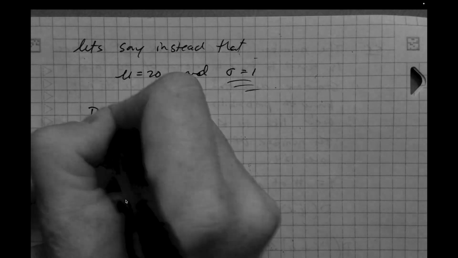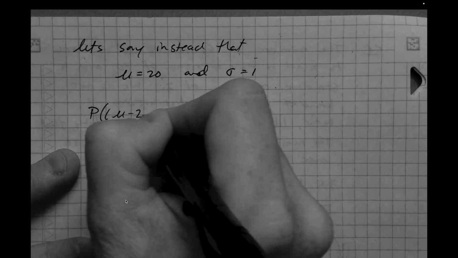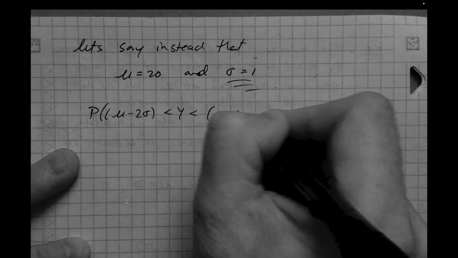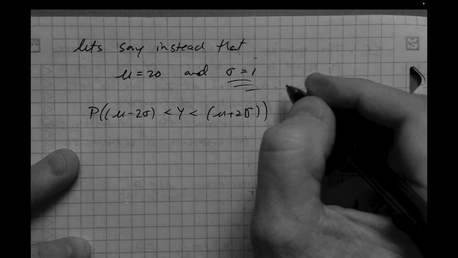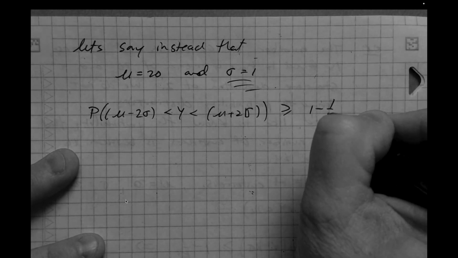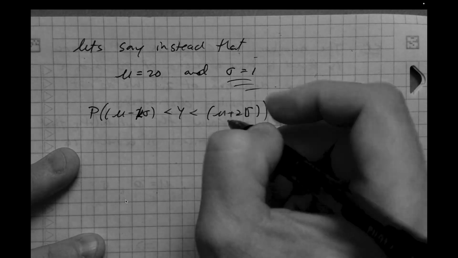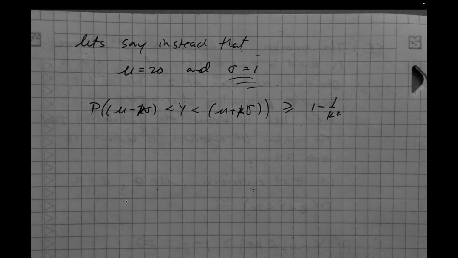The same calculation: the probability that mu minus k sigma is less than y, which is less than mu plus k sigma, is greater than or equal to 1 minus 1 over k squared. Sorry, I put 2 here. I meant to write k. Apologies.